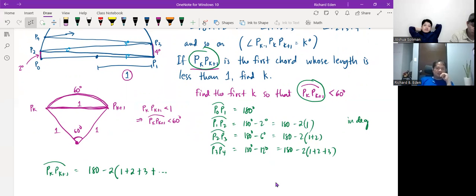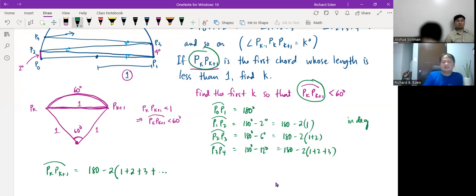What do you think is the last term? Is it k minus 1? Okay, so yes, it is k actually.